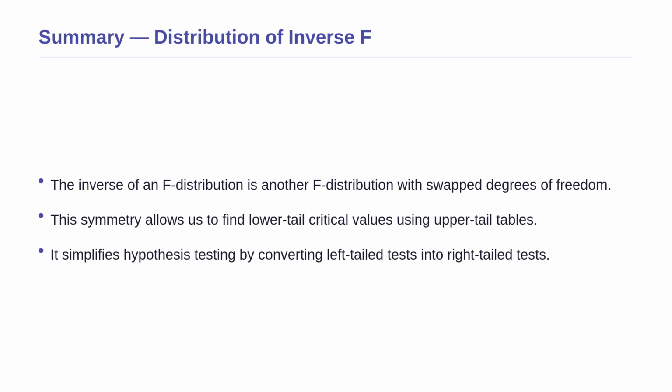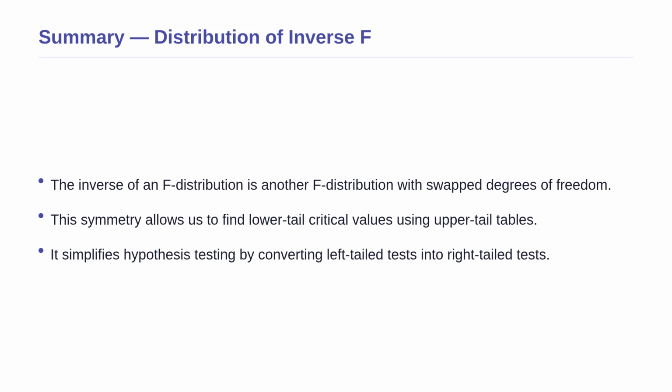We have covered a lot of ground today, so let us review the key takeaways. First, we learned that the inverse of an F distribution is simply another F distribution, just with its degrees of freedom swapped. Second, we saw how this mathematical symmetry acts as a powerful shortcut, allowing us to find lower tail critical values using only standard upper tail tables.